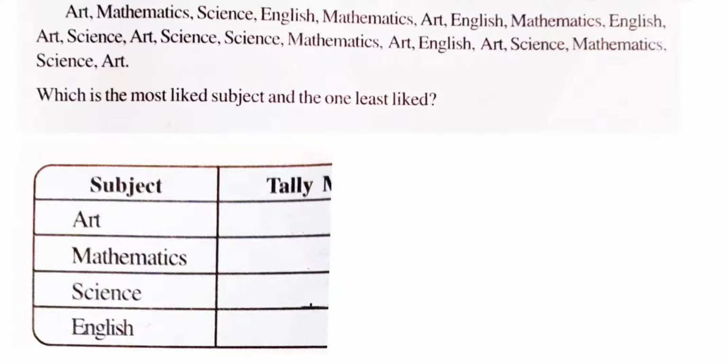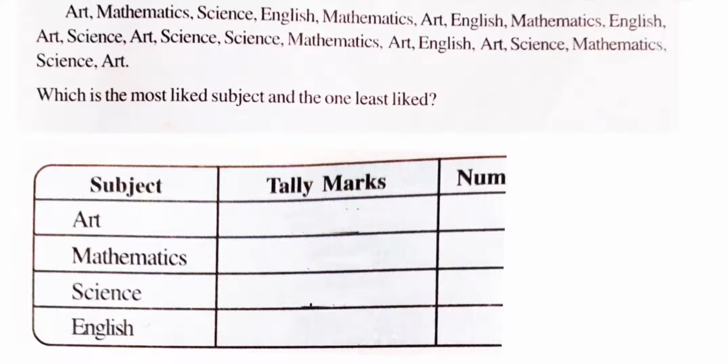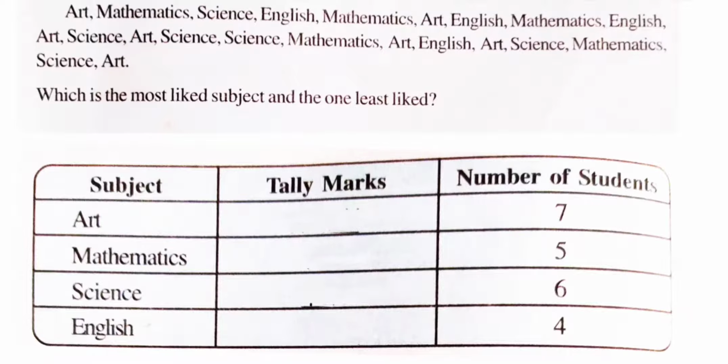So the first column is the favorite subject: arts, mathematics, science and English. The number of students is called frequency. Art has 7 students, so the frequency here is 7. Similarly mathematics 5. That is represented using tally marks.